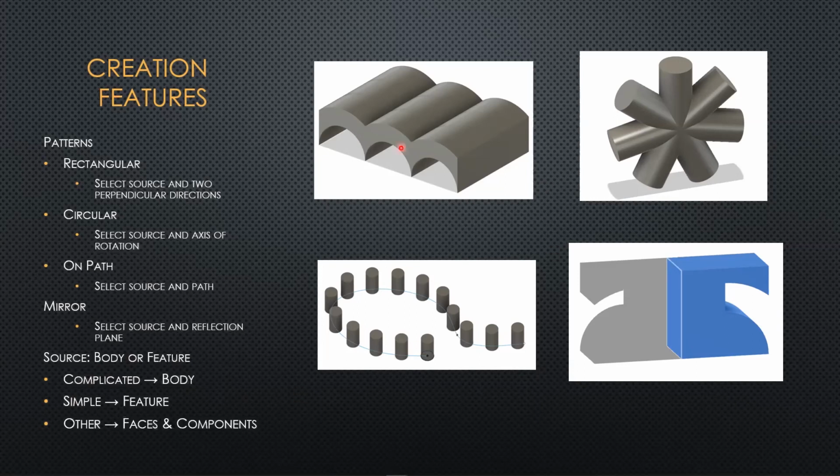That way you just take all that detail that you have and you pattern it. If you have something that's more simple, like you cut a hole in a part, you might just want to pattern that feature to all the spots that you want it. And then other things, faces and components, these are a bit more advanced to use, but you can pattern faces, you can pattern components, yeah.